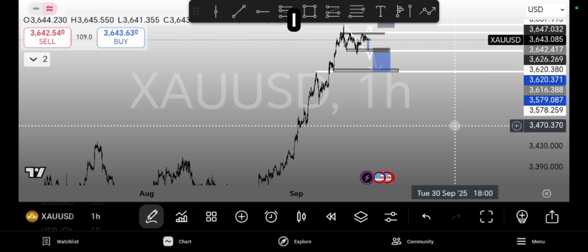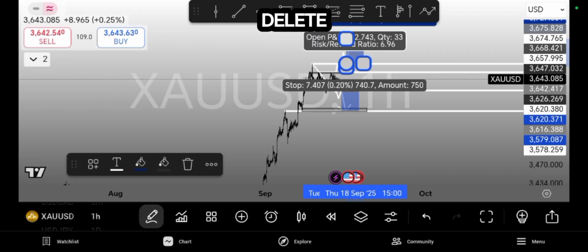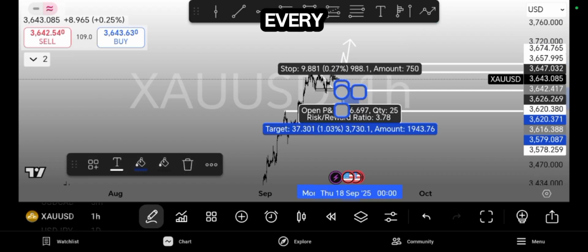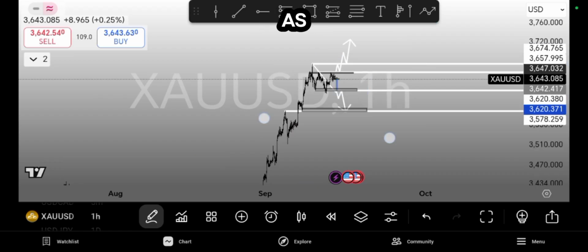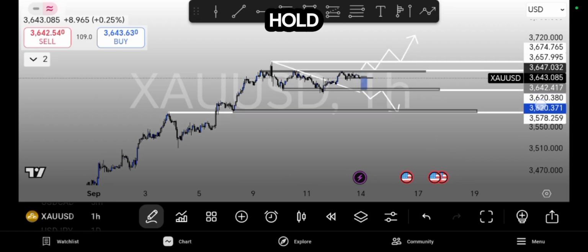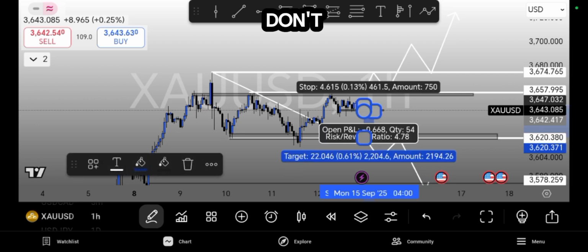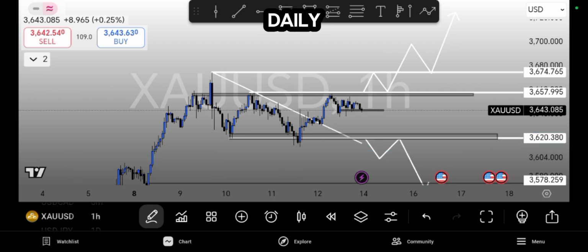The reason why I trade it differently is because, as for gold, I don't like holding trades for a longer period of time. Which is why I don't use a daily time frame whenever I trade or analyze gold.